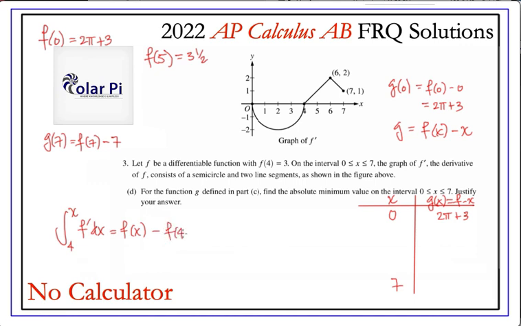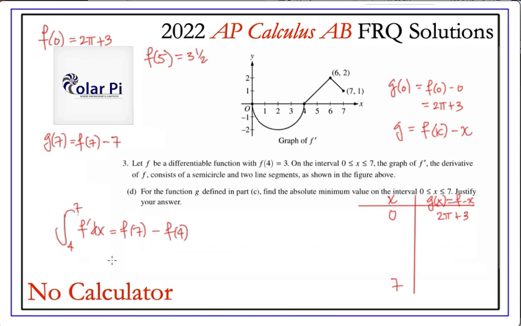So here we want to substitute 7 for x in both places where it appears, and the dx is attached to d, so it's the differential, not an x value. A 7 here, a 7 here, and f of 4 once again was 3.